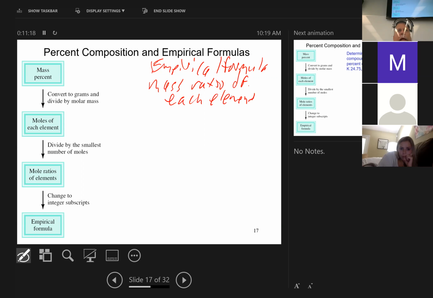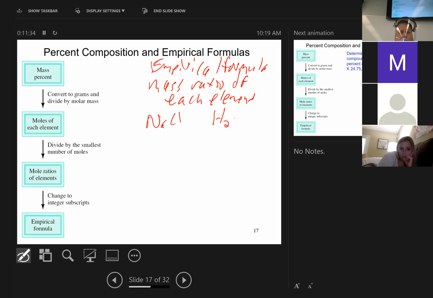Okay, and it's a standard one. Like as I said before, sodium chloride, the empirical formula is NaCl. Okay, so the mass ratio, you have a 1-to-1 relationship with that.